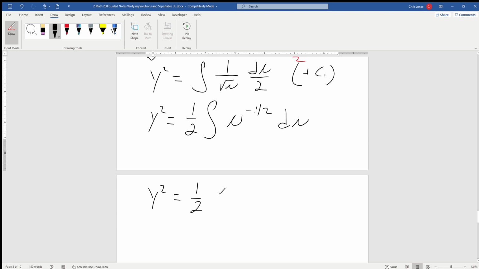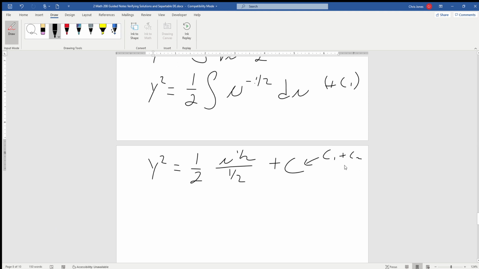We get 1/2 u to the 1/2 over 1/2 plus c. And remember there's that plus c1 floating around, so technically there's a c1 plus c2 because of the two integrations. Just call it c. Don't worry about that too much. There's always going to be just one constant of integration.